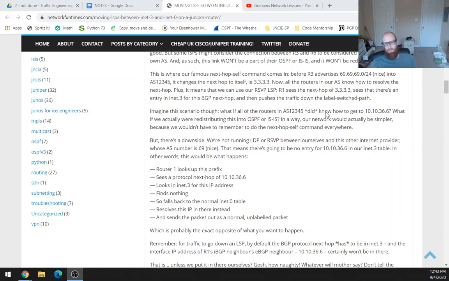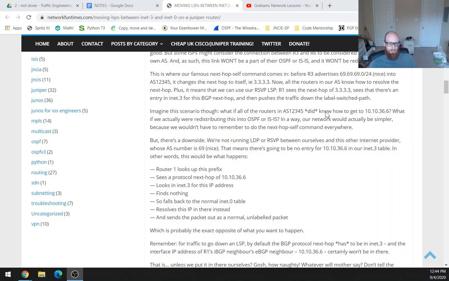But there's a downside. We're not running LDP or RSVP between ourselves and this other internet provider whose AS number is 69, nice, this means that there's going to be no entry for 10.10.36.6 in our inet.3 table. In other words, this would be what happens.